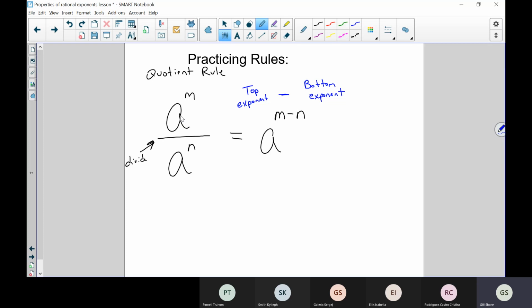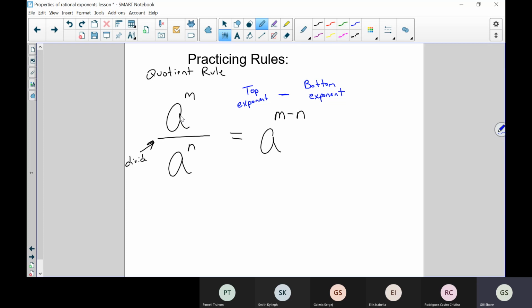Kids always want to do that because they want the answer to be positive. You can get a negative exponent. There's nothing wrong with negative. I mean, actually, we don't like negative exponents, but they exist. They are real. Kind of like the M&M's guys and Santa Claus. They exist. They are real. So we always take the top exponent, subtract the bottom exponent.